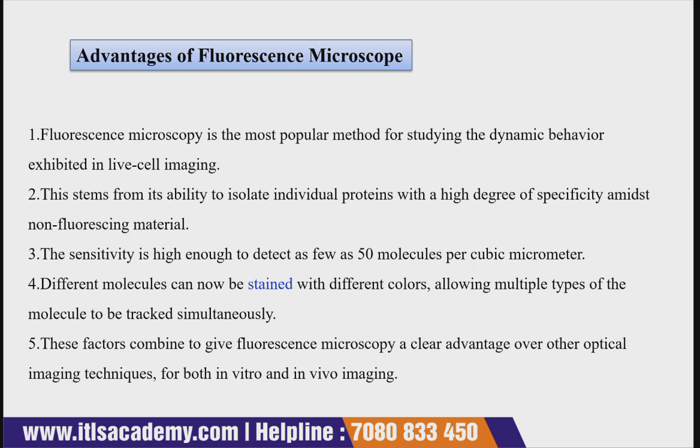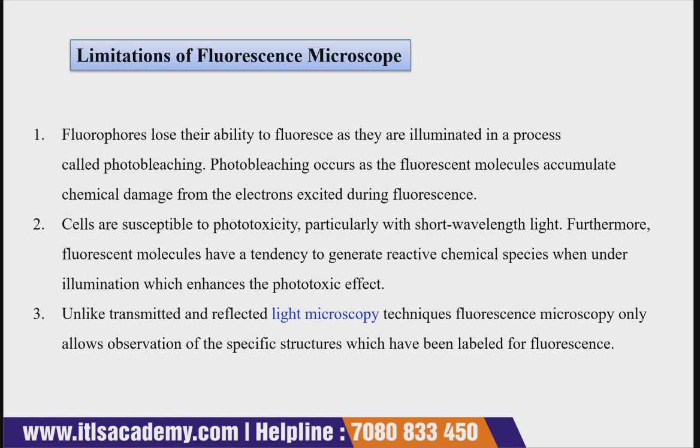Now, whenever we discuss the advantages of any type of microscopy, there must be some limitations associated with that particular microscopy. The first limitation of the fluorescence microscope is that fluorophores lose their ability to fluoresce as they are illuminated, in a process called photobleaching.